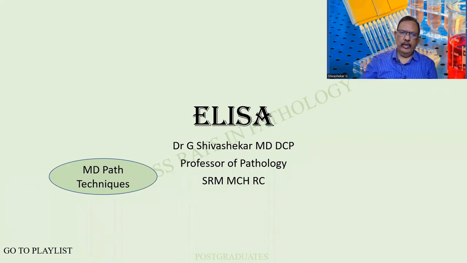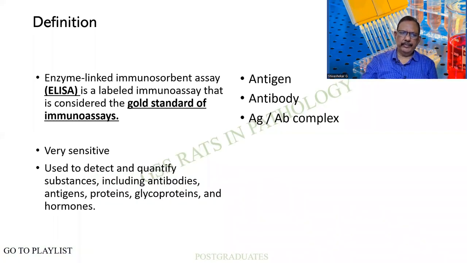Enzyme linked immunosorbent assay. It is a labeled immunoassay and is considered the gold standard of immunoassay. Assay means measurement, and there are some terms which we should be familiar with. Antigen: it is a substance which, when introduced into the body, leads to the production of antibodies.